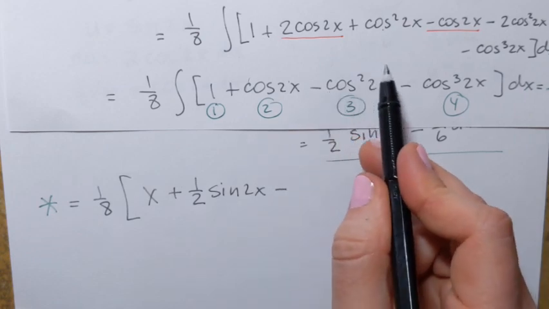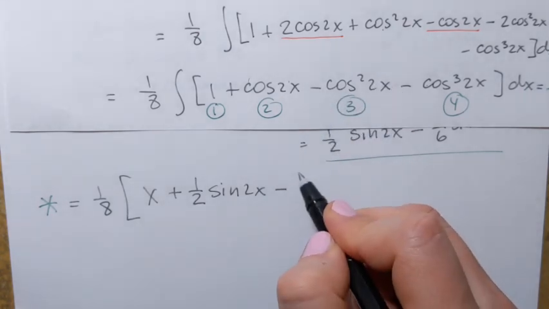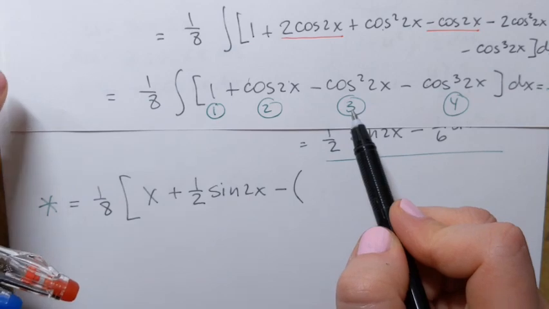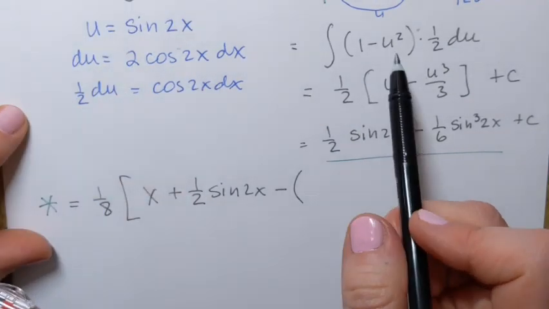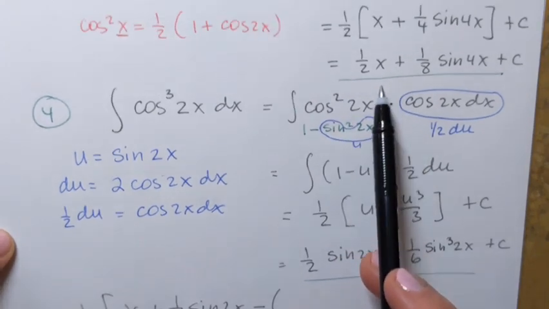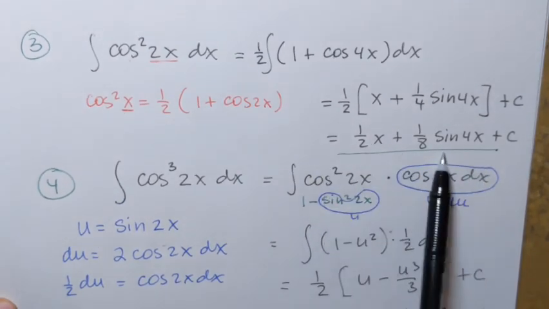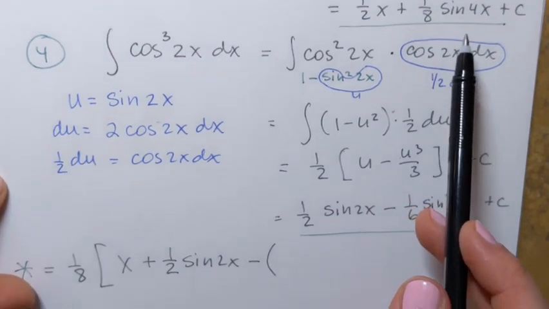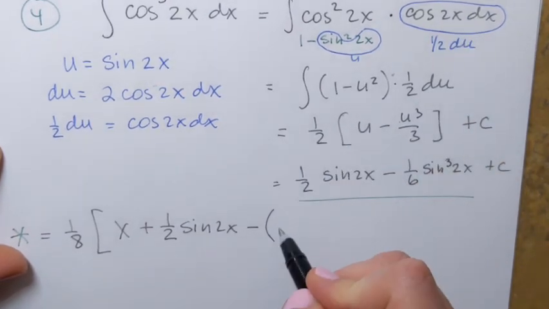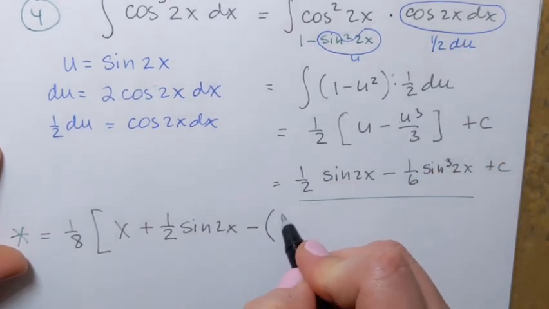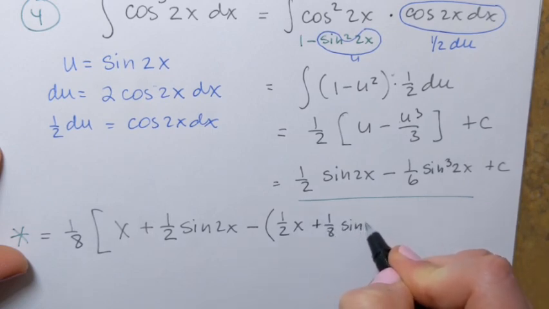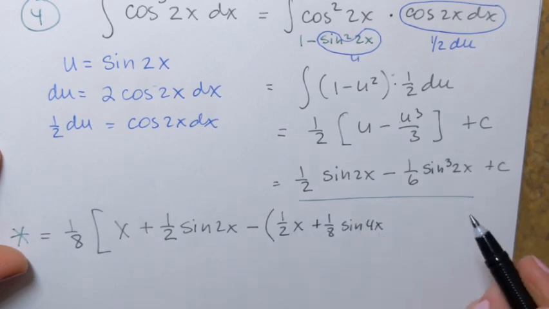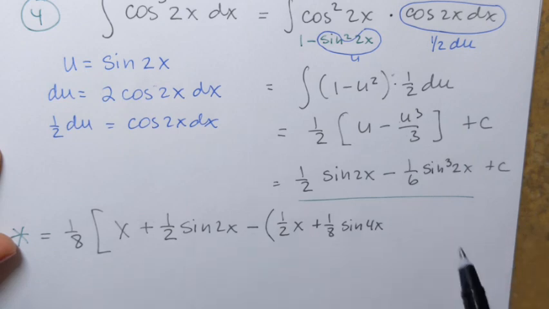Minus. Since it's minus, we'll be using parentheses, then I have to plug in my result for part 3, which is over here. Remember, part 3 is here. I'm copying it down, putting it inside parentheses because of that minus sign: 1/2 x plus 1/8 sine 4x. Now plus c, I'm just going to put at the very end.